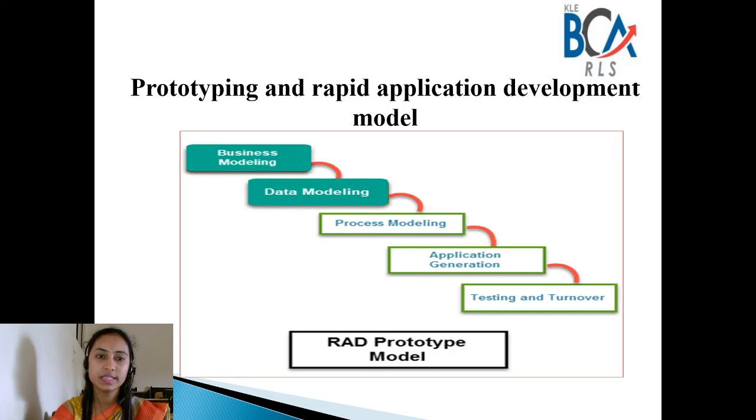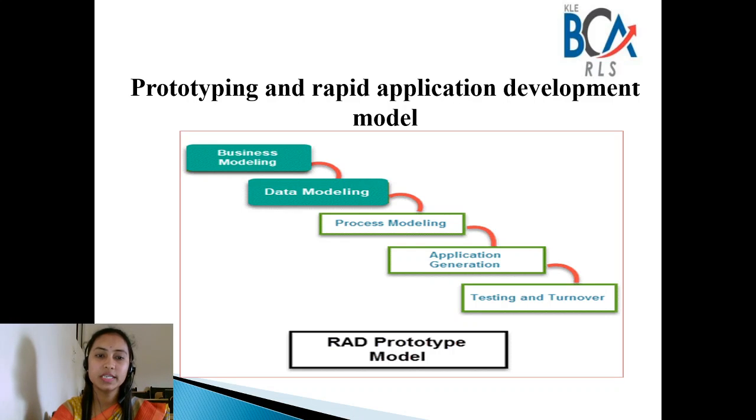The next phase is process modeling. The data objects declared in the data modeling phase are transformed to achieve the information flow necessary to implement the business function. The next phase is application generation. Automated tools are used for the construction of the software to convert process and data models into prototypes.